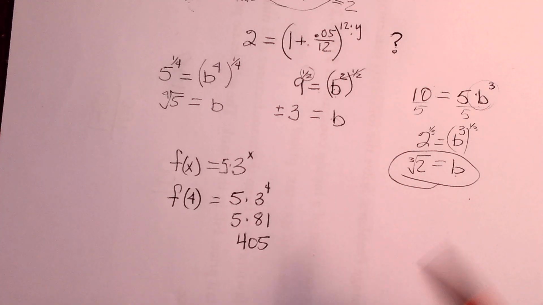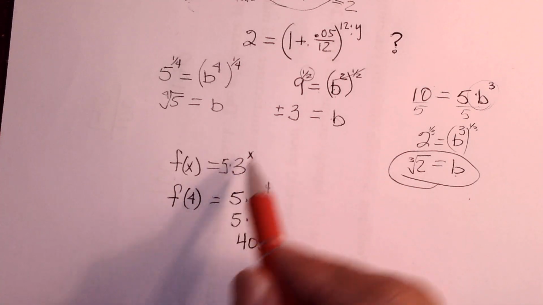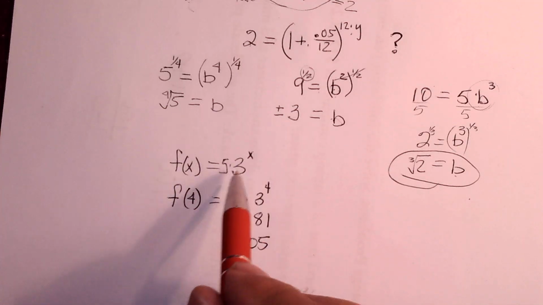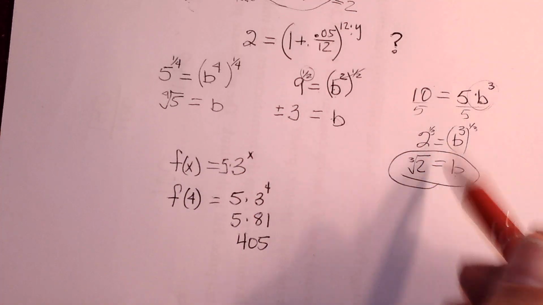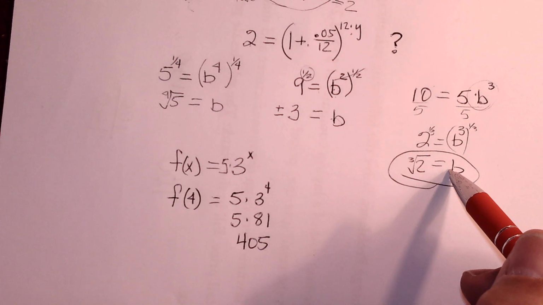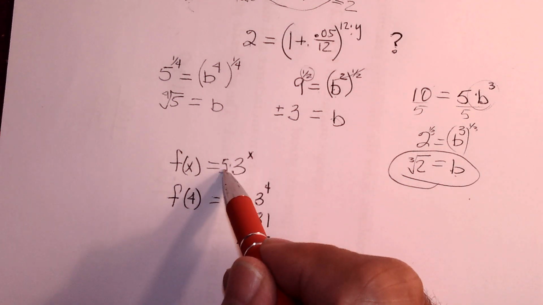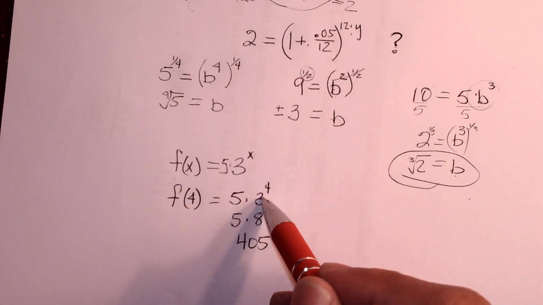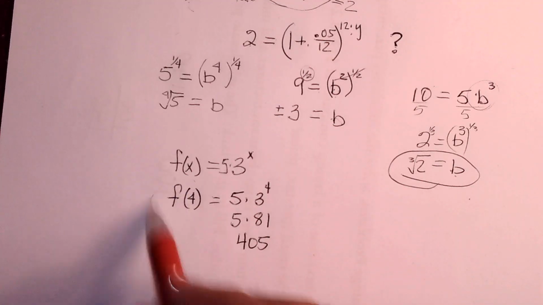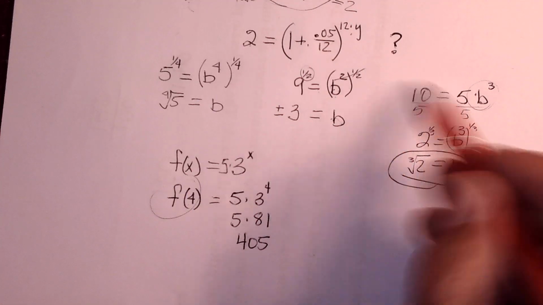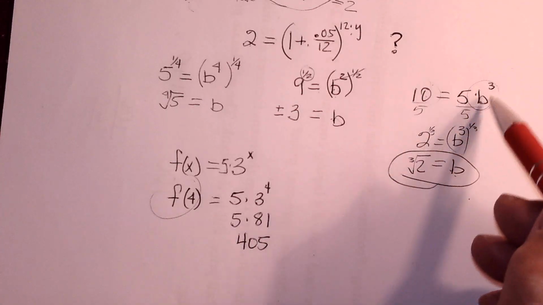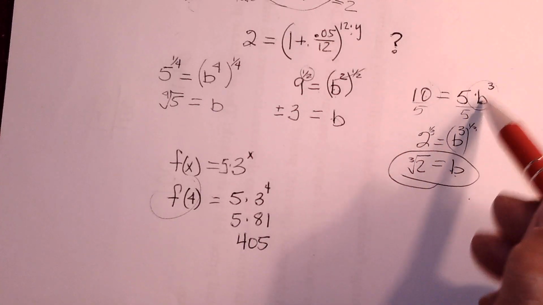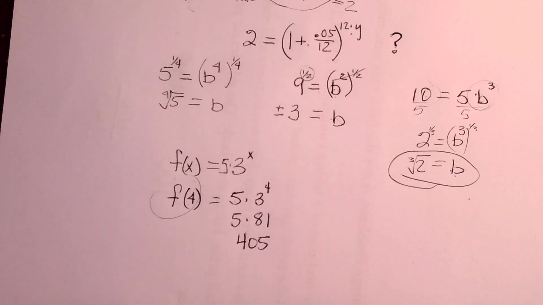So in a power equation, if we don't know the base, it's pretty easy to solve for. If we know the base and the number in front and know the power, it's pretty easy to find what it equals on this side. If we don't know this, we can put in all the numbers here and figure that one out.